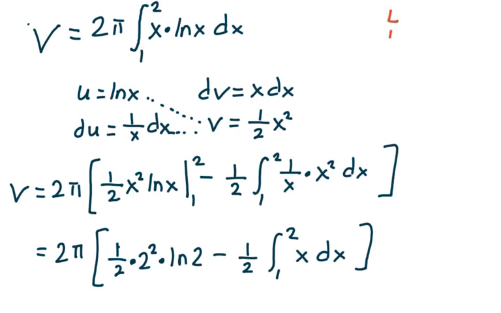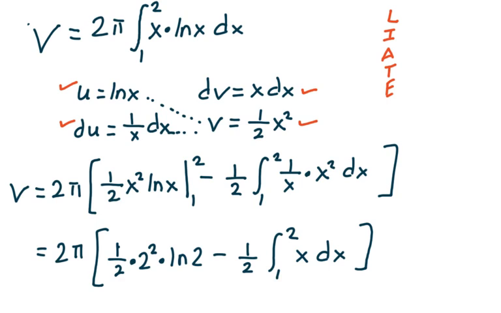Remember, we have this mnemonic, LIATE. And so this is the pecking order in which I choose my u. So my u is natural log of x. du is 1 over x dx. dv is x dx, and v is 1/2 x squared.